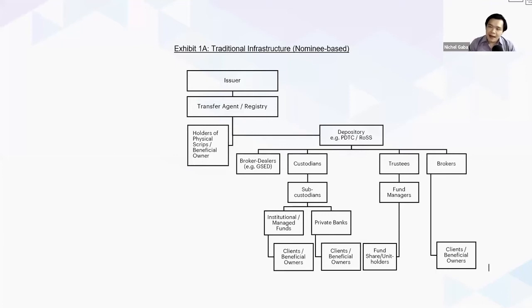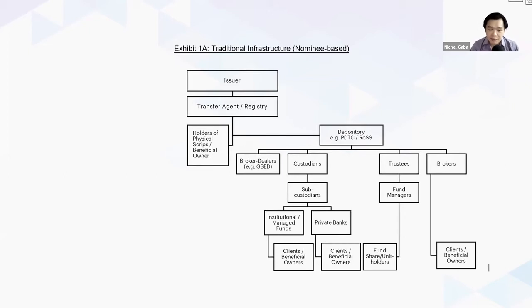But as markets sped up, the need to facilitate settlements much faster and much more accurately drove the demand for these certificates to just be centralized somewhere by someone who will then just keep track of how many shares are owned by person A, B, C, and D. Now, here in the Philippine setting, we actually have depositories that fulfill this role.